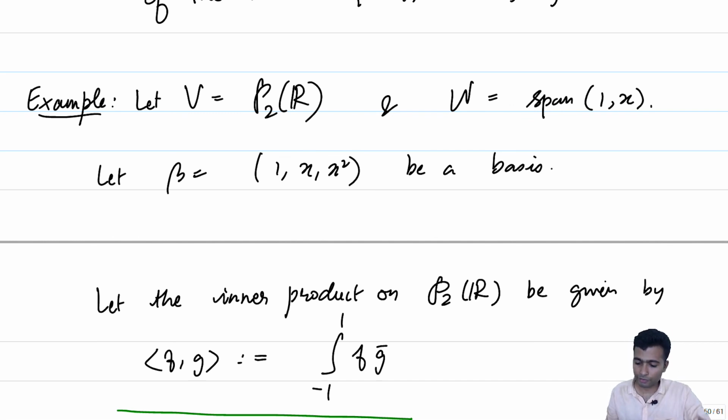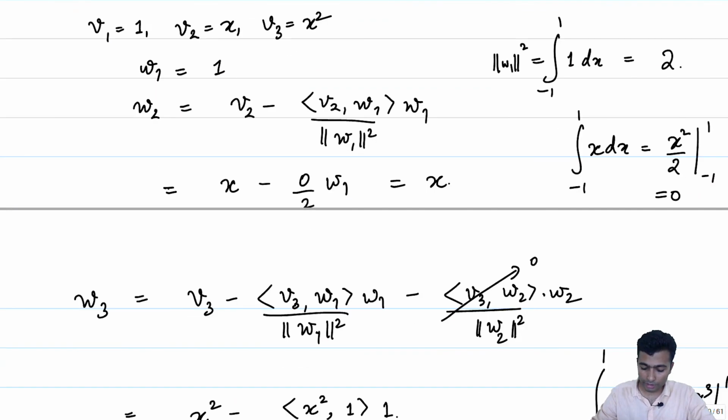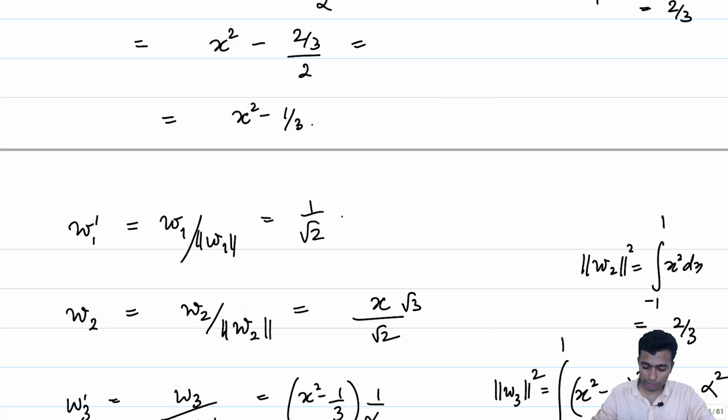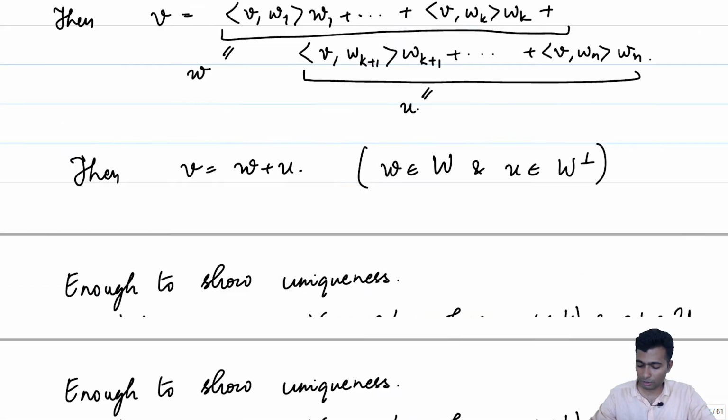We would like to find the orthogonal projection of x square onto the subspace generated by W1 prime and W2 prime. So let's see what W1 prime and W2 prime are. W1 prime is just 1 by root 2 and W2 prime is just x times root 3 by root 2.